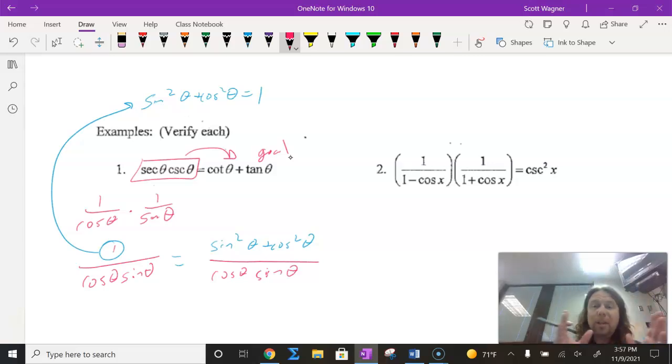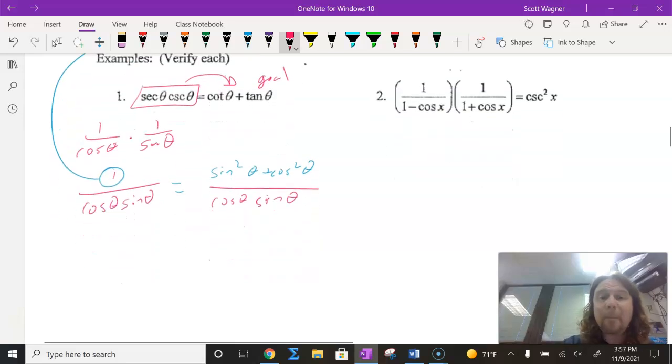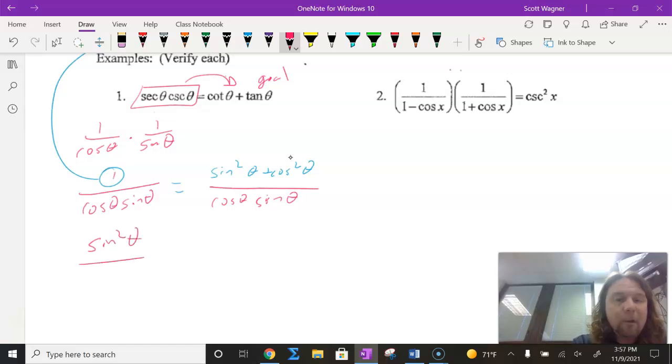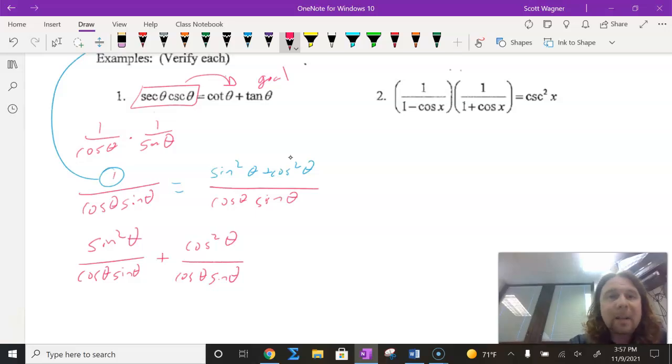Well, now I have two things that are added. I can split this up into two fractions. The first fraction would be sine squared theta over cosine theta times sine theta, and the other fraction would be cosine squared theta over the exact same denominator, cosine theta times sine theta. Let's simplify these fractions.